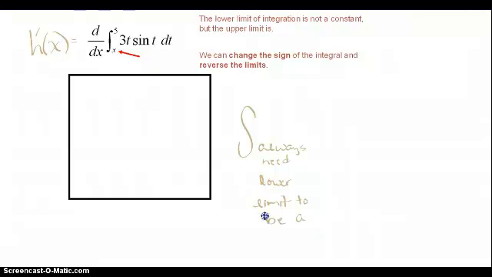And we've been calling that constant a. And we always need the upper limit to be the variable limit, the limit that has the variable in it.